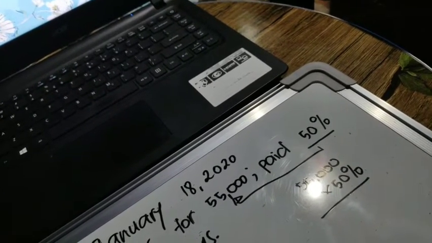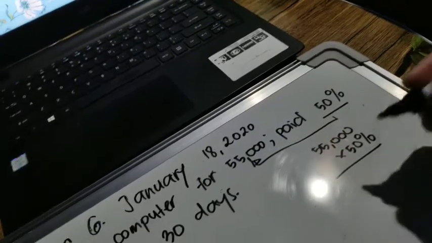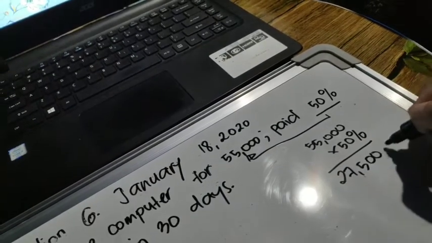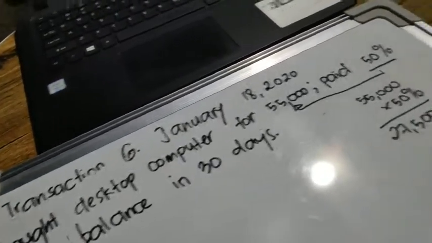Okay, 55,000 times 0.50 is equal to 27,500. Okay, so this is your down payment for the desktop computer.